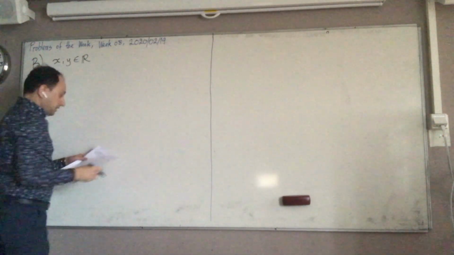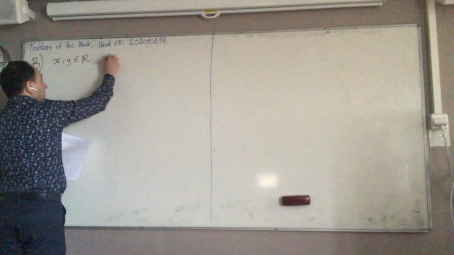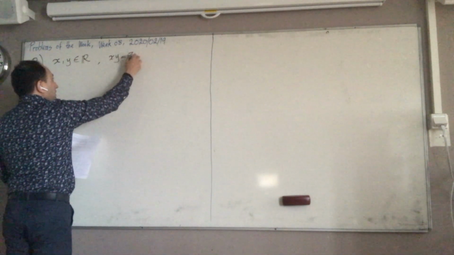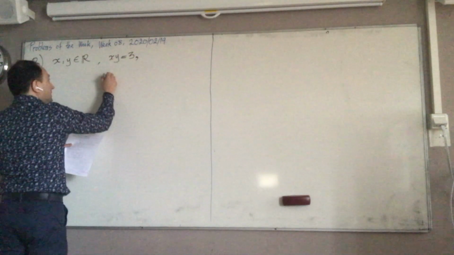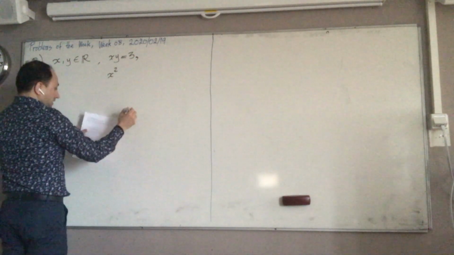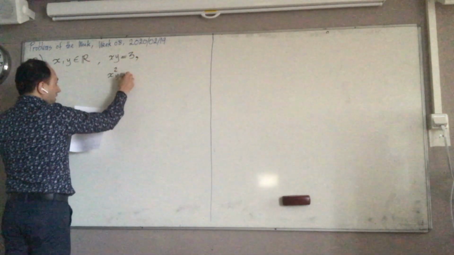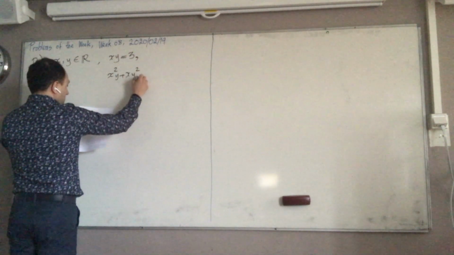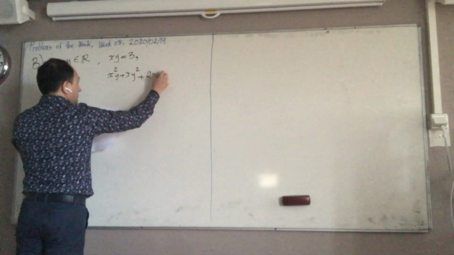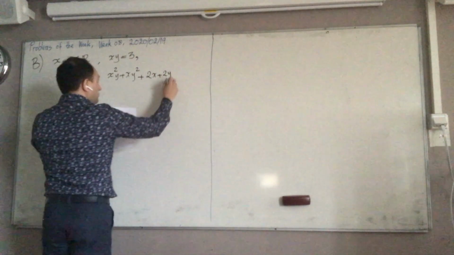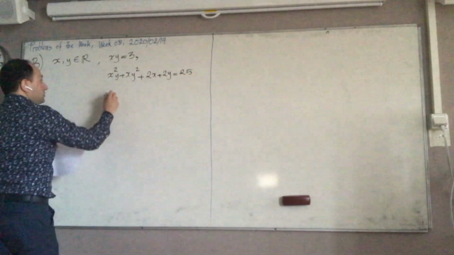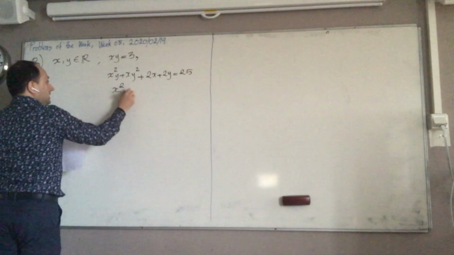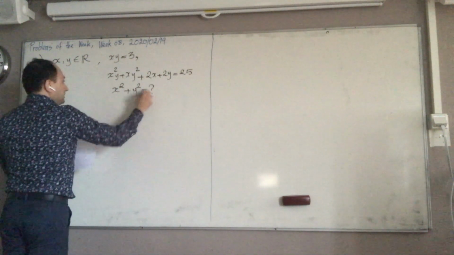And then I have been provided by xy equals to 3, and I have this expression x squared y plus xy squared plus 2x plus 2y equals to 25. And I am supposed to answer this question. What is x squared plus y squared?